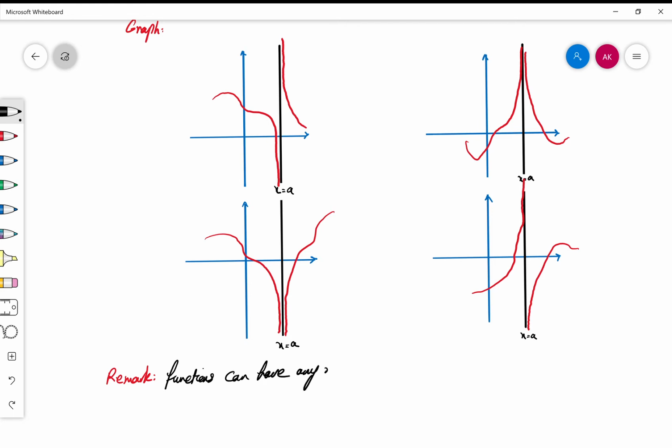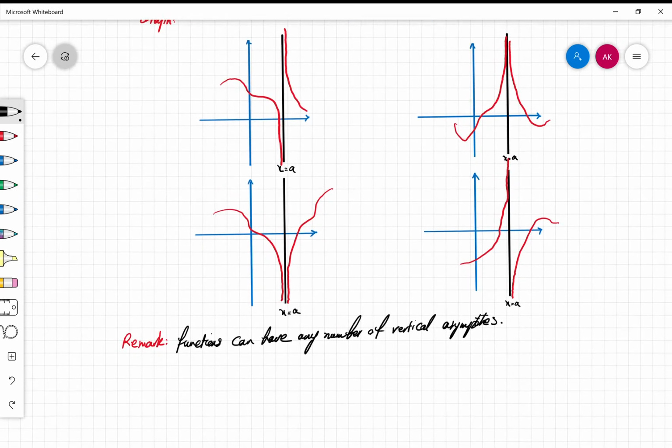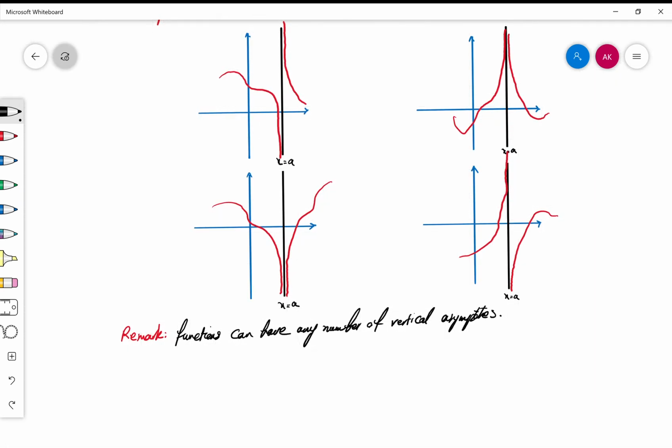I am writing this so you can compare it to the horizontal case: at max, we can have two horizontal, but for vertical, we can have as many as you like.